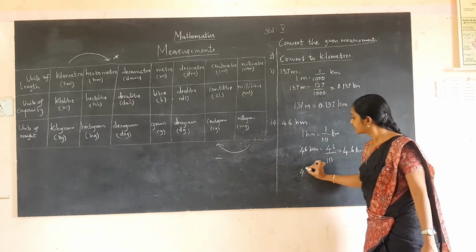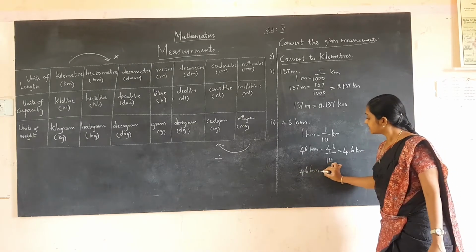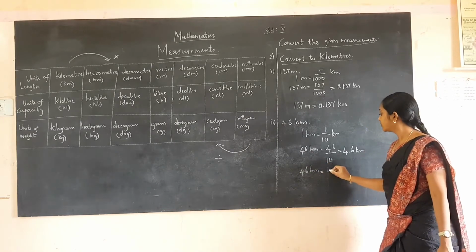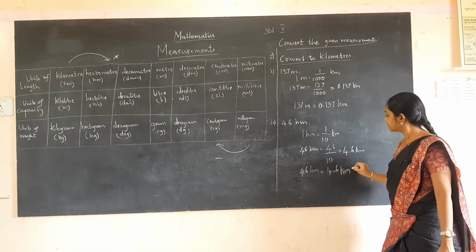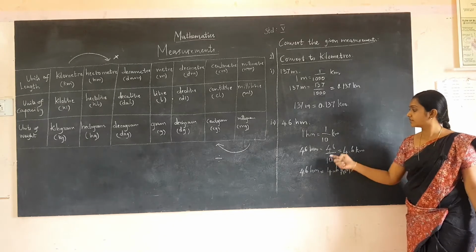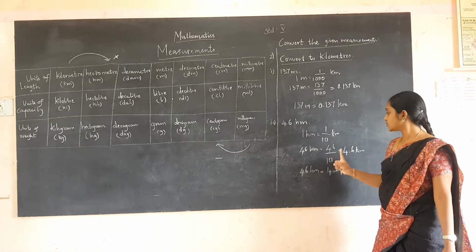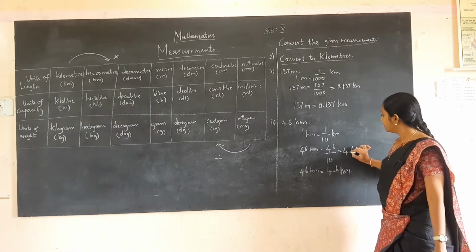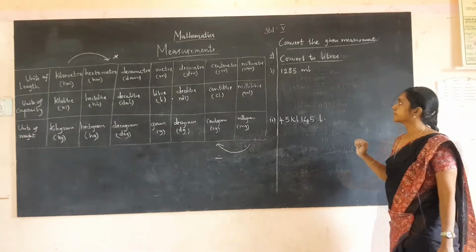So 46 hectometer is equal to 4.6 kilometer. We have to divide it by 10. We are having 1 zero, so we have to keep the decimal point before one place. So it is 4.6 kilometer.